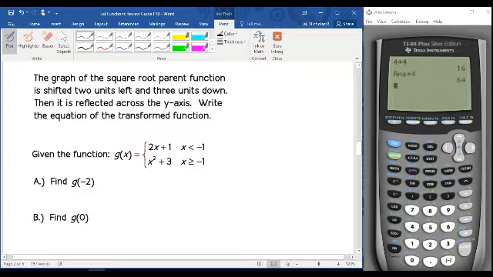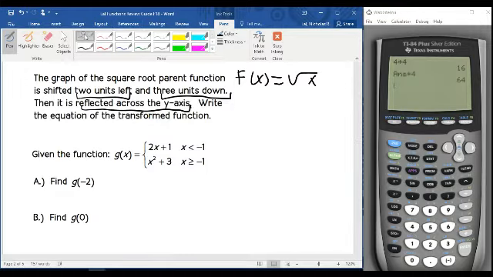Alright, the graph of the square root parent function is shifted 2 units left and 3 units down. Then it is reflected across the y-axis. Write the equation for the transformed function.